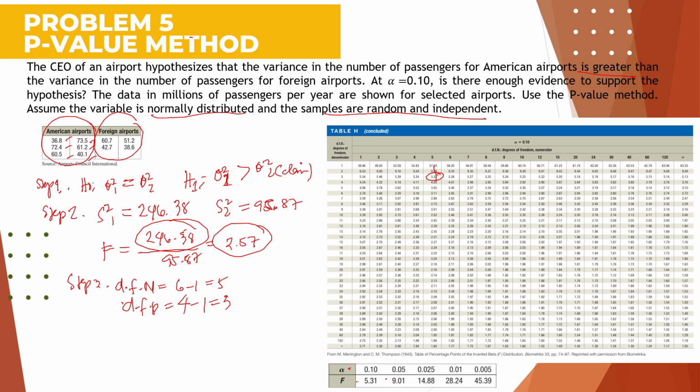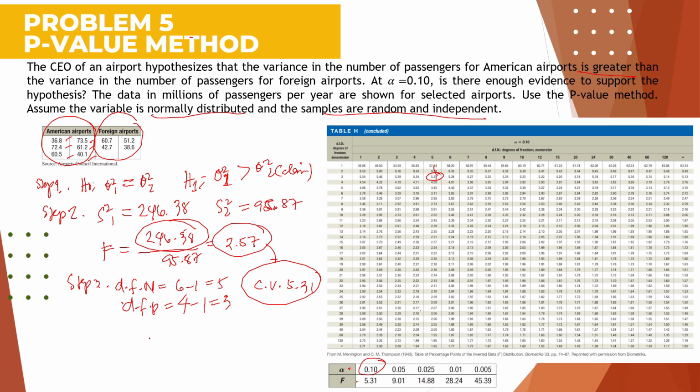So in this case, since 2.57 and our critical value here is 5.31, basing on the p-value here, which is 0.10.